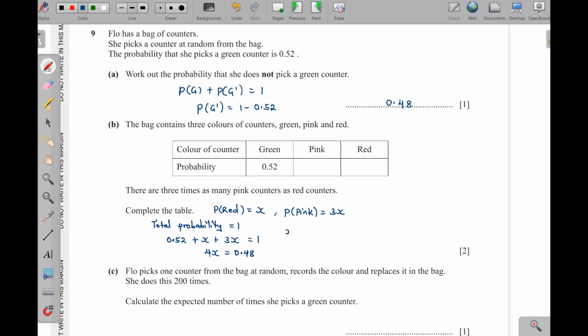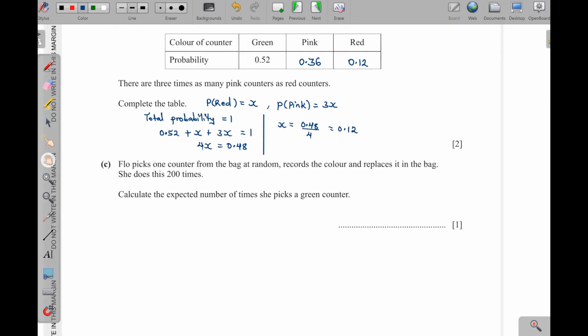So meaning our x is going to be 0.48, then we divide by 4, which is 0.12. You see that? Now, this is the probability for picking red. So I'll write here, red is 0.12. Then for pink, it is 3 times. So you will have 0.36. As simple as that.